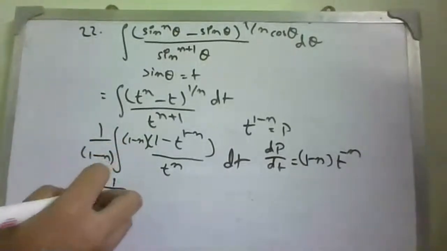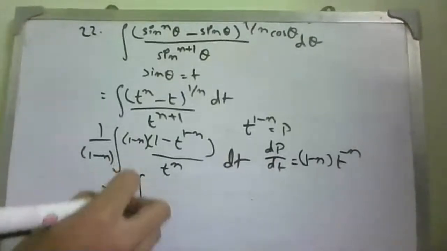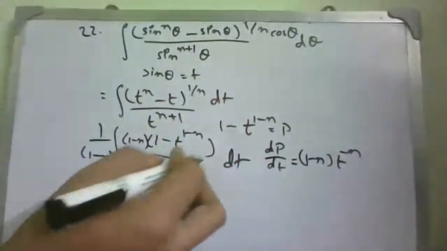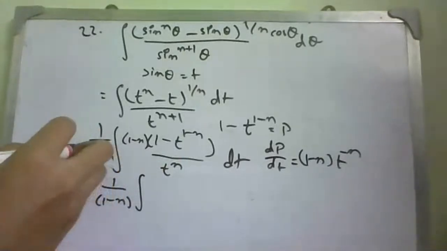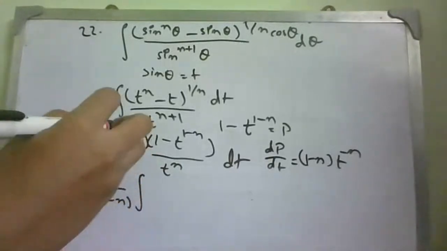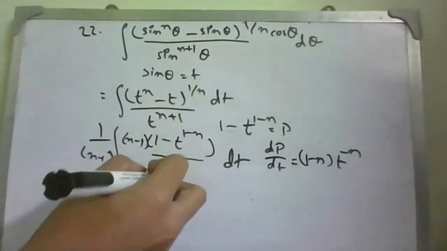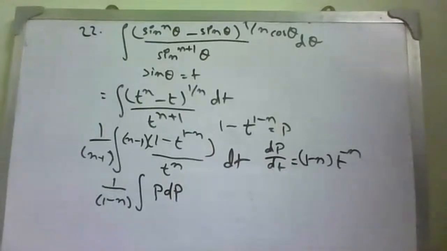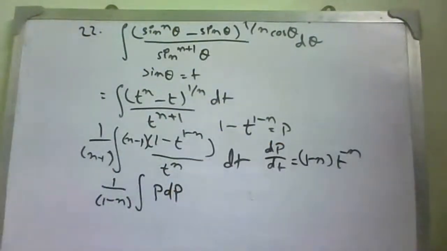So 1 by 1 minus n integral. Yes, we can take this also. Then we just have a minus sign, and minus 1. So this thing is p dp because this is p and this entire thing is dp as we can see over here.